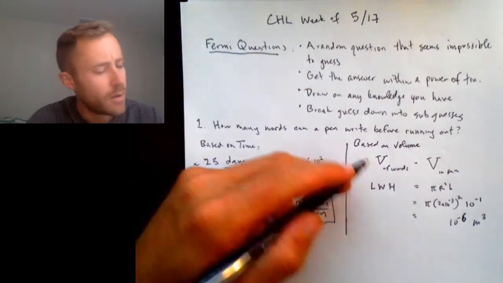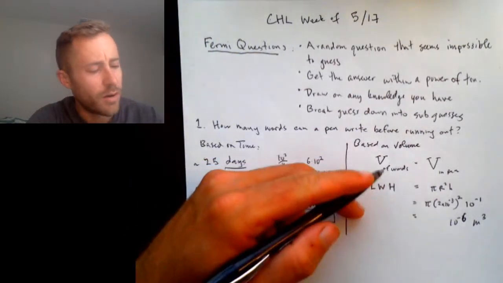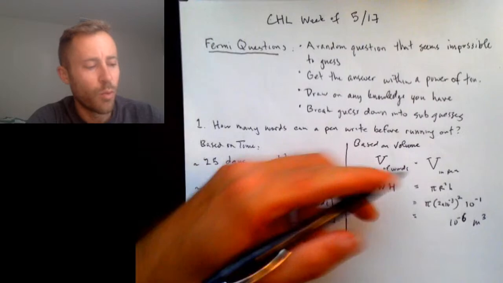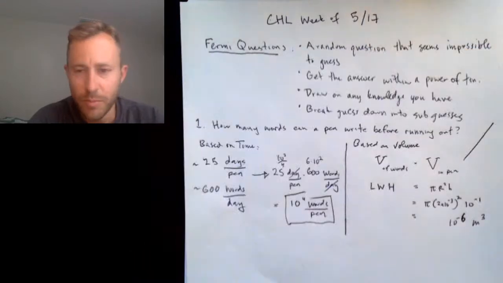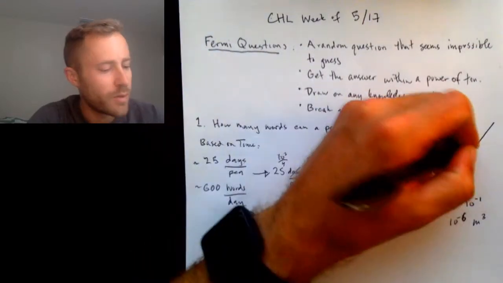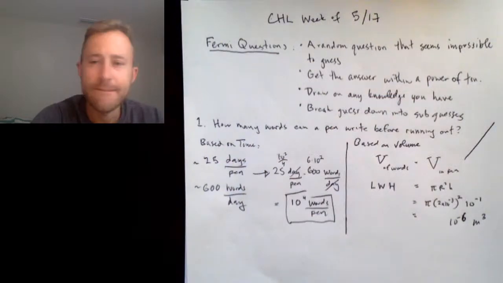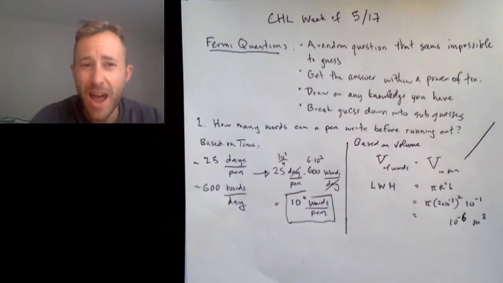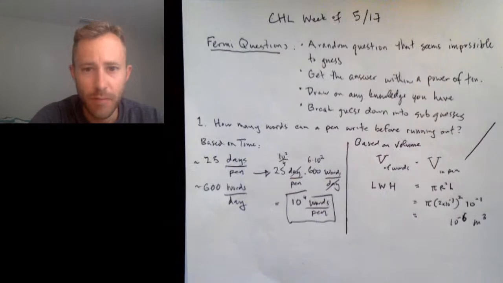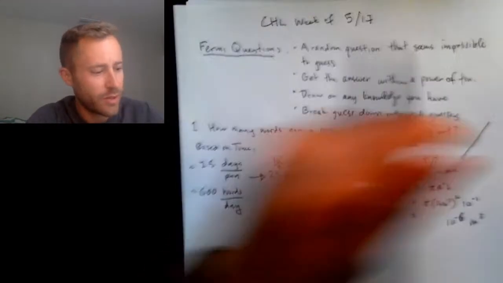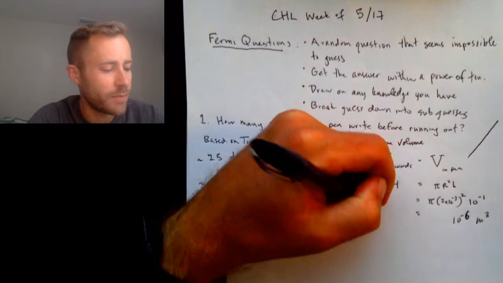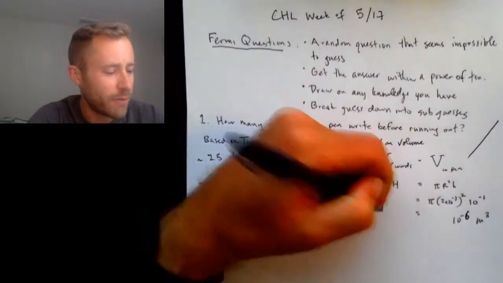Okay? Now let's think about a word. Okay, so if I make a line with the pen, what is the width of that line? I'm going to say it's about 0.5 millimeter. Okay, because I can just visually see that. So the width of that line is 0.5 millimeter.